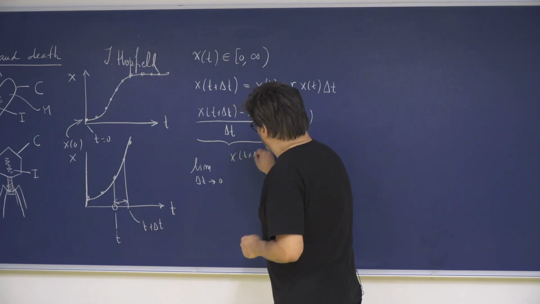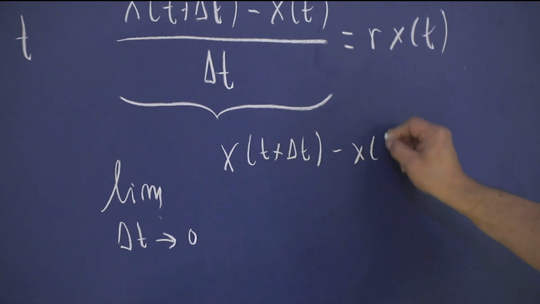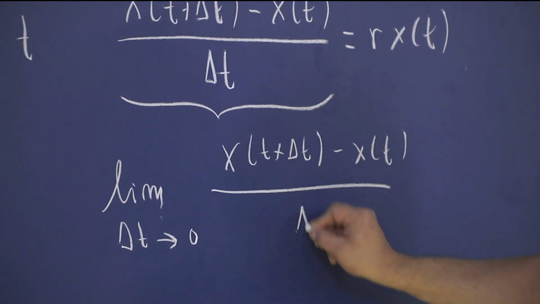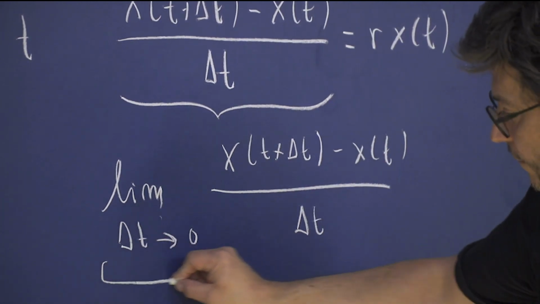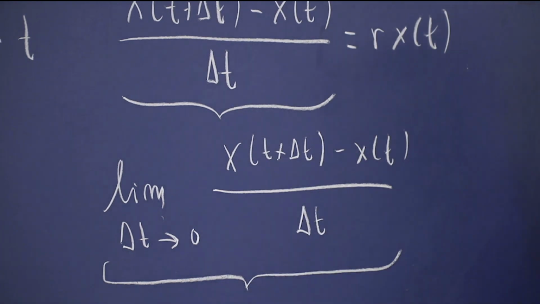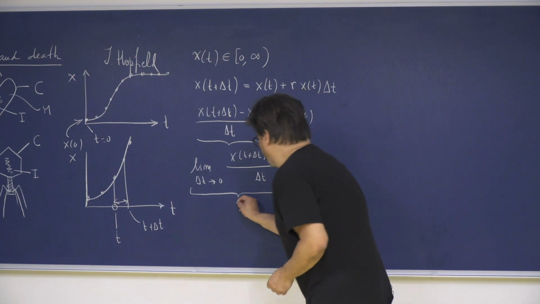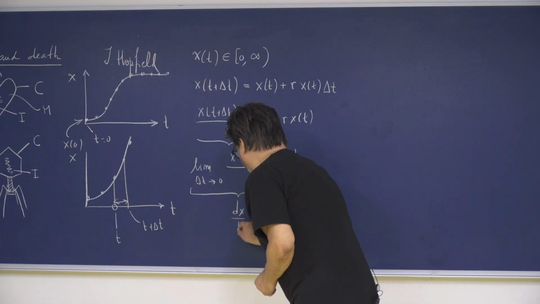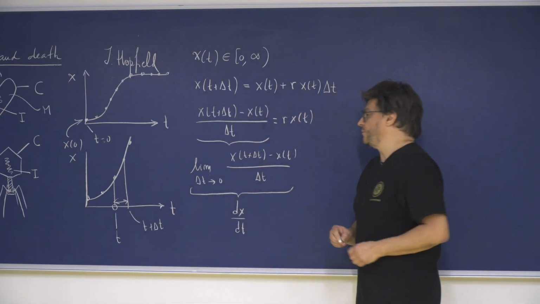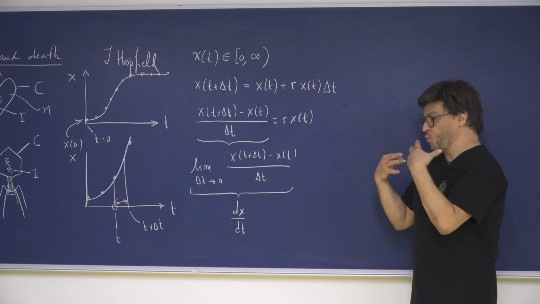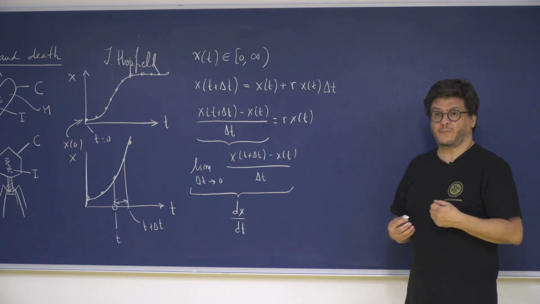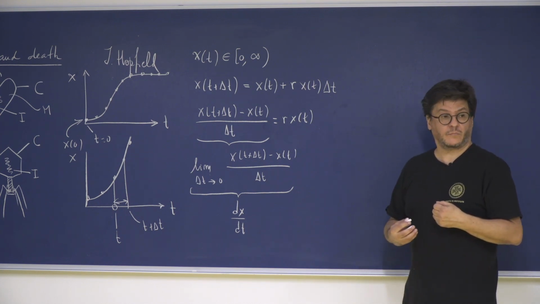And that is, and many of you know, okay, this here is just a definition of the derivative, okay? So this is the derivative of x, population over time. So how quickly in the limit populations grow, all right?